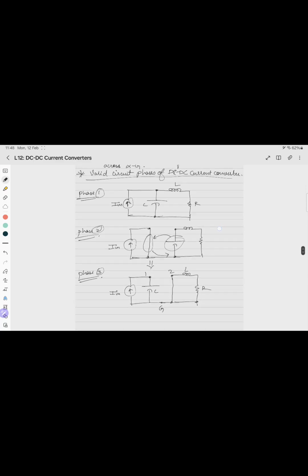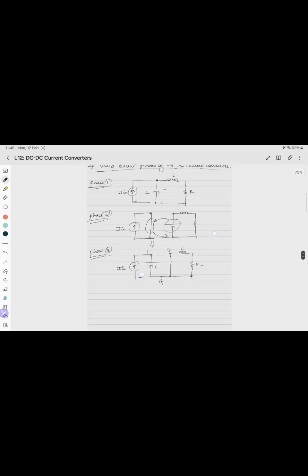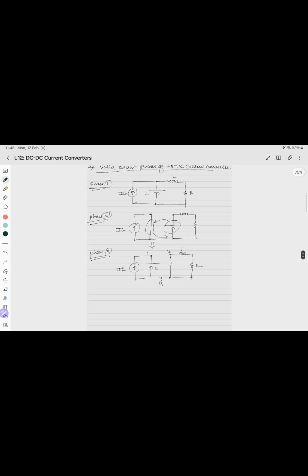So which is also valid because, let's say initially the circuit was connected in phase 1, suddenly it changes to phase 3. In the first case, the current through the load was IN minus IC. Then in the third case, it is 0. IL equals 0. So this is also a valid phase.